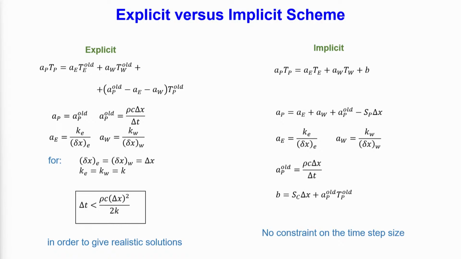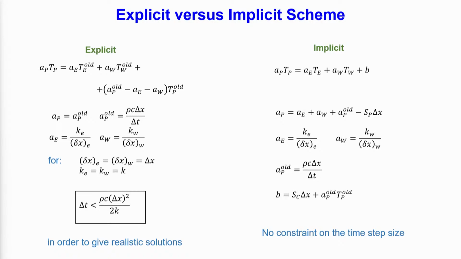Now recall the 4 golden rules, all coefficients have to be positive. Here AE and AW are positive, so the last one also has to be positive. So, you must have AP old greater than AE plus AW, and that brings us to the last equation.